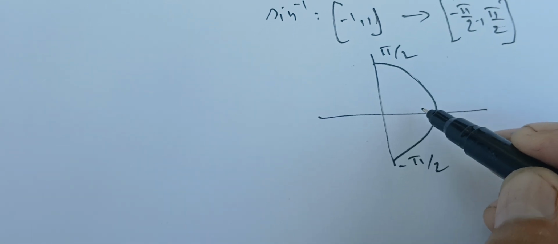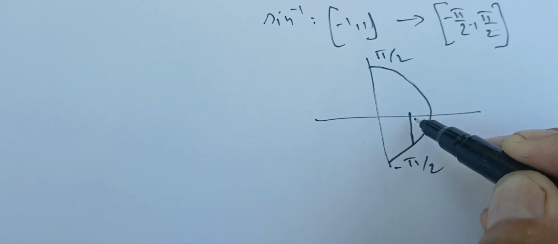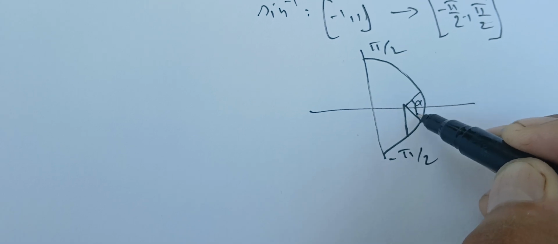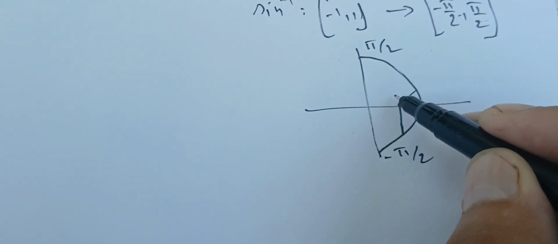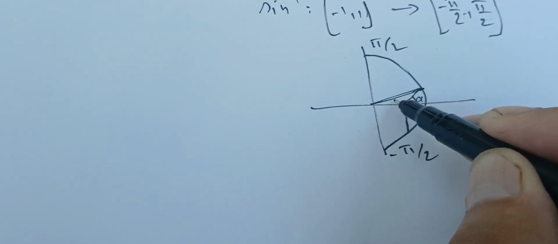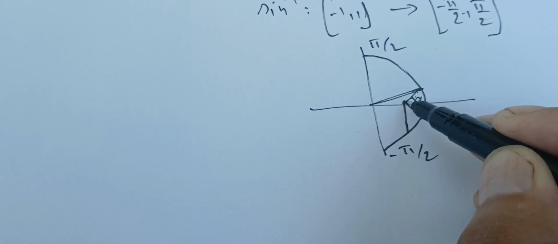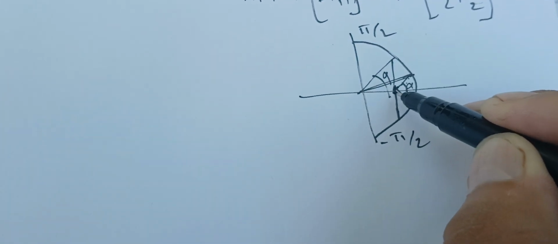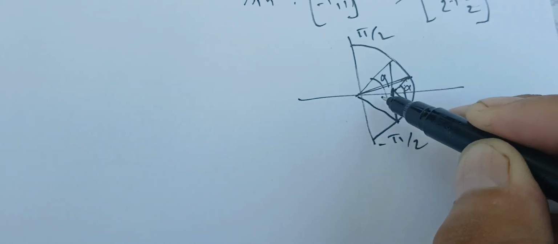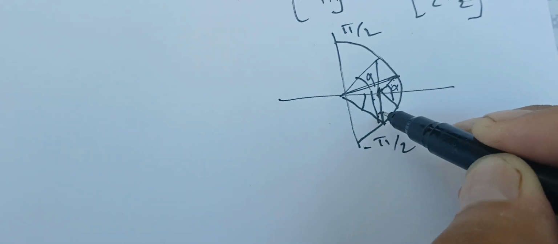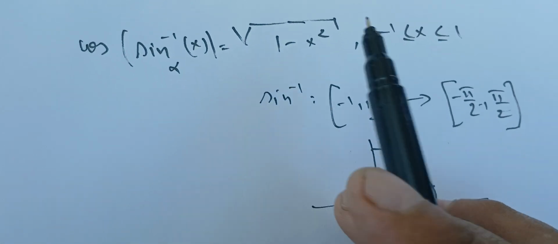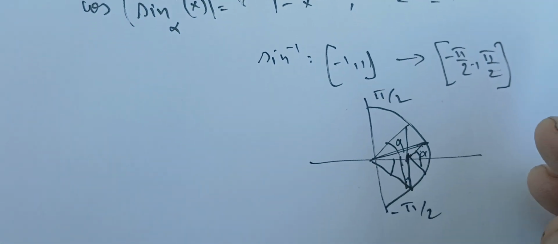And therefore, the cosine is always going to be positive. You take any alpha in here, the cosine is going to be positive. Take this alpha, the cosine is positive. Take this alpha here, the cosine is going to be positive. Therefore, the cosine of alpha is always positive.